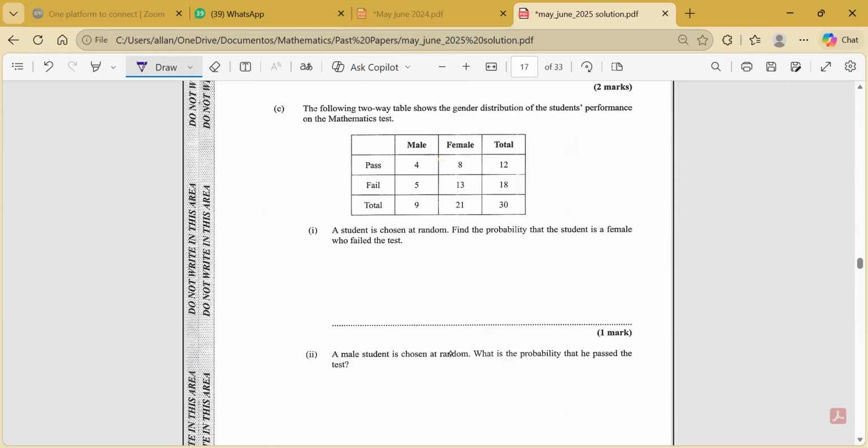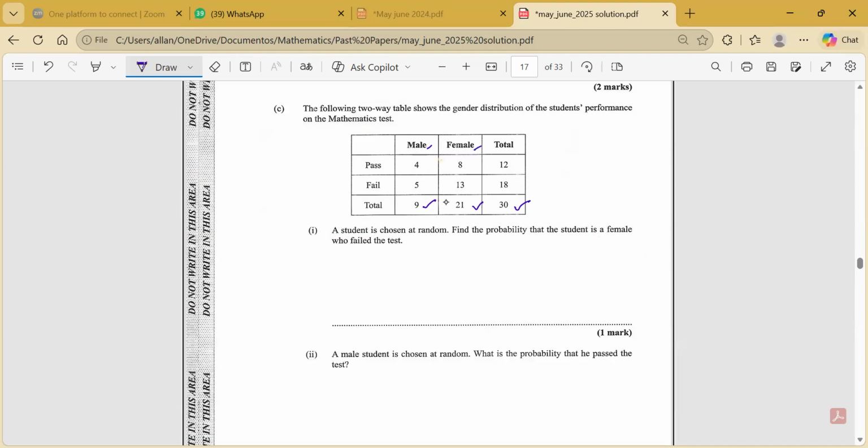All right, so this was a kind of tricky question. The following two-way table shows the gender distribution of the students' performance. So you had 9 males and 21 females, right? Total is 30.